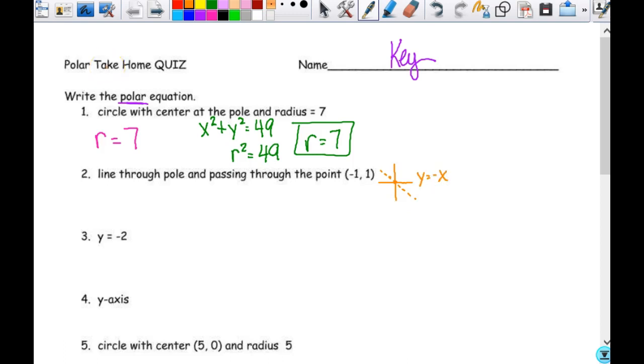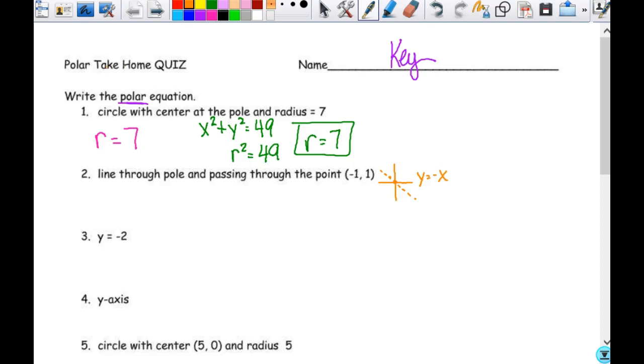And once you get that line, then you can do some substitution. You can also understand that since it is just a line that passes through the pole, we can just take the arctangent of the x and the y value in that point, and that'll give us our angle.